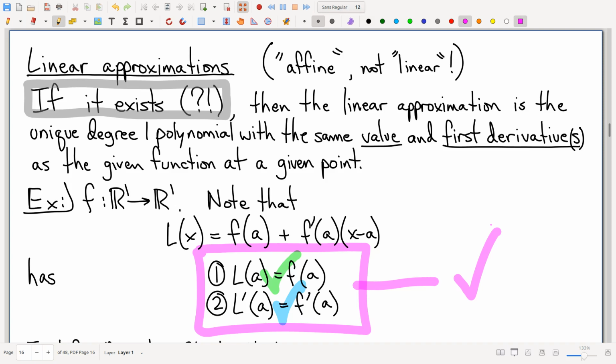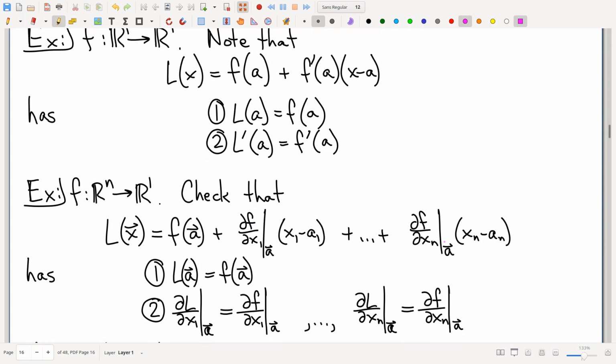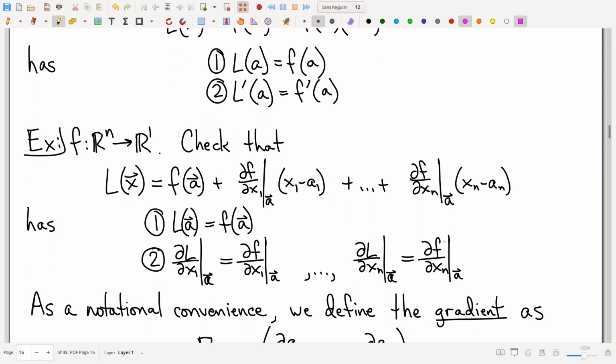Okay. So let's ask the question now: what would we do if we wanted to do the same thing for a multivariable function? Note here, multiple variables, different input variables. I'm just going to write down the formula, and say a few things to justify it, but here it is.